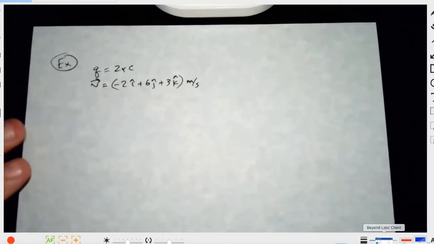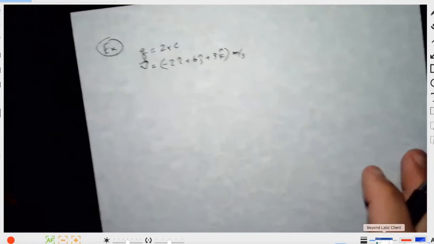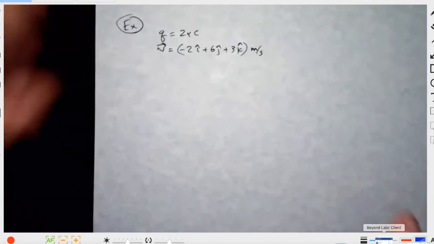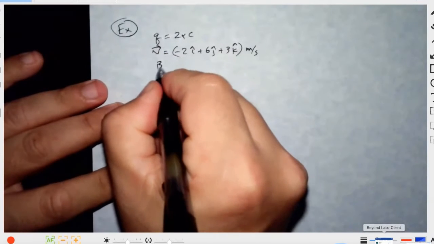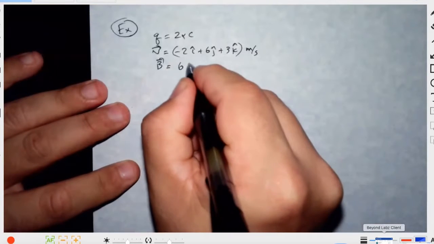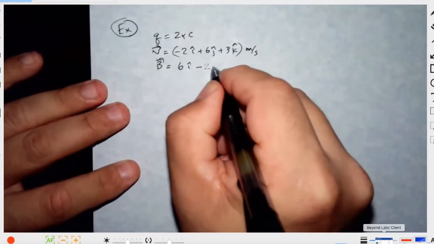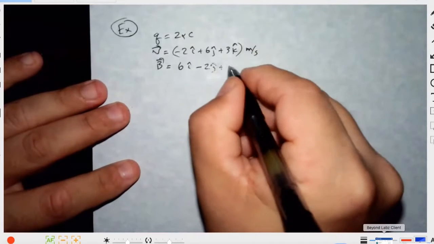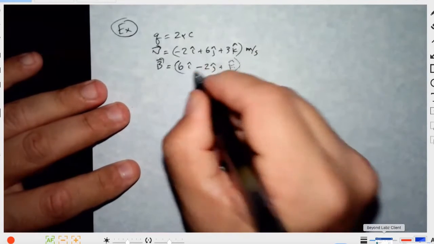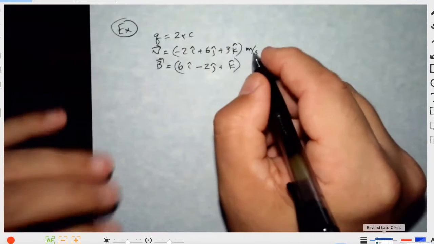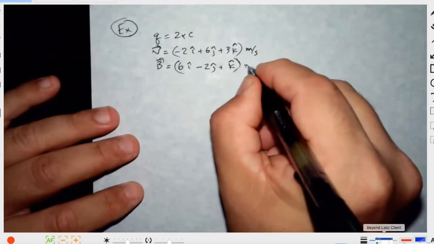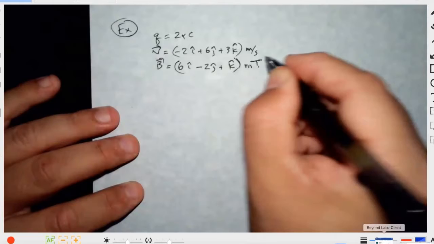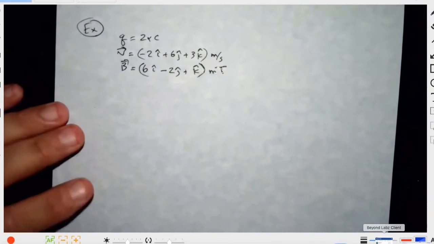Let's say the velocity is negative 2i plus 6j plus 3k, and the magnetic field is equal to 6i minus 2j plus k. Let's say millitesla, since a Tesla is very strong. Okay, something like that.